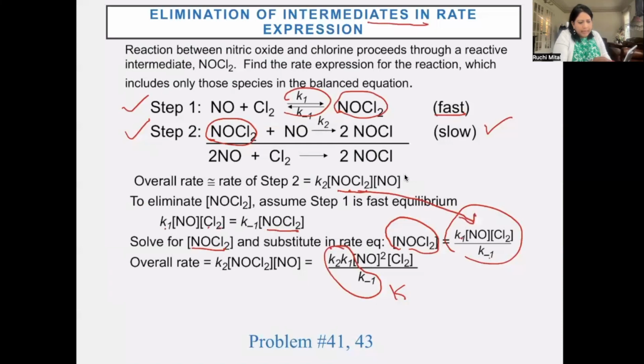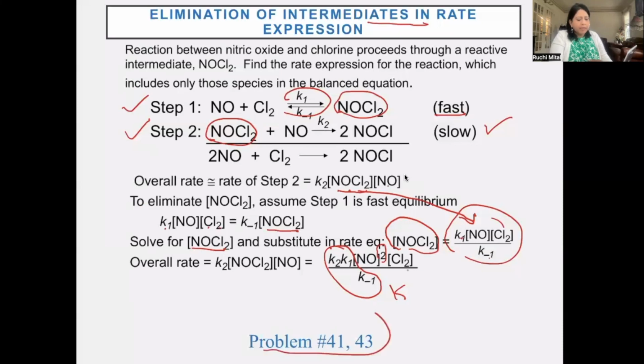So if you plug in, you're getting rid of the intermediate, correct? If you plug in this value, this is what it is: NO2 and NO2, so therefore you're getting the square over here, and Cl2. So what this is telling you, this is your overall reaction, and now it is second order with respect to NO and first order with respect to chlorine.